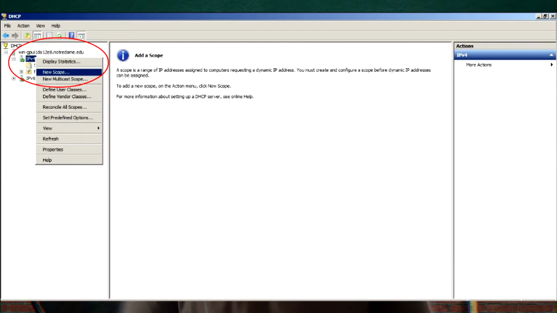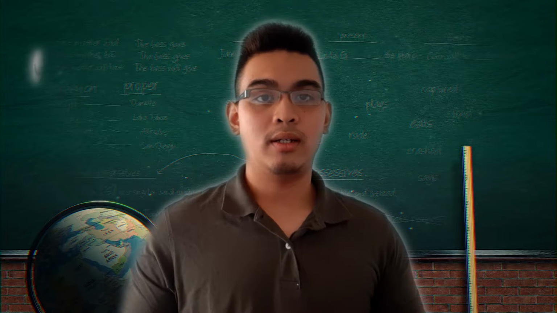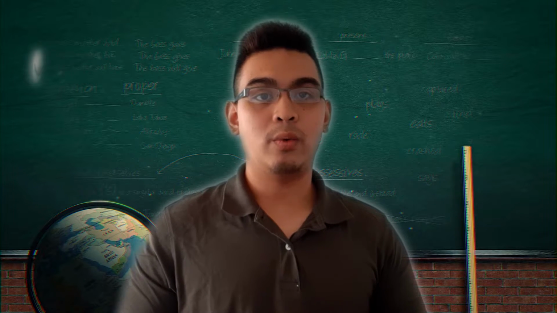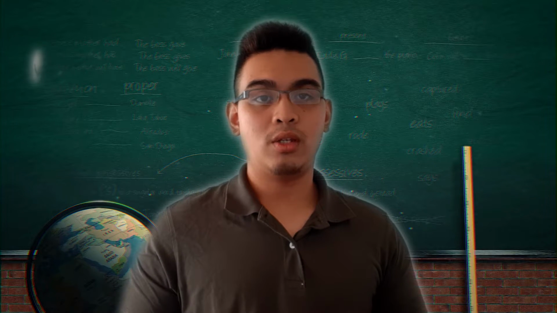Then right click IPv4, create a new scope, and input the name of your scope. For this tutorial, let's say Employees, because we're going to integrate the existing workstations in your network or printer devices into the scope.